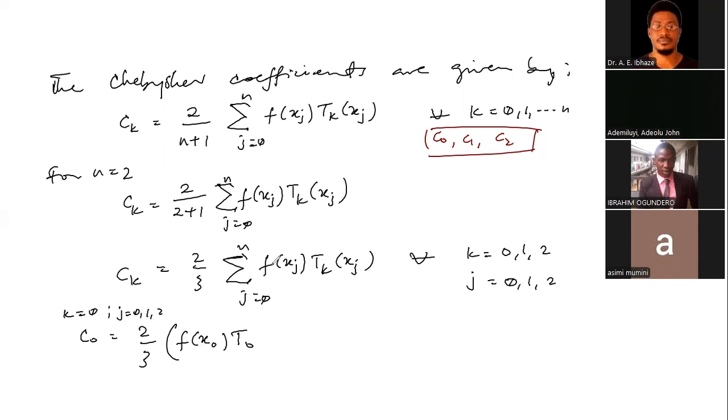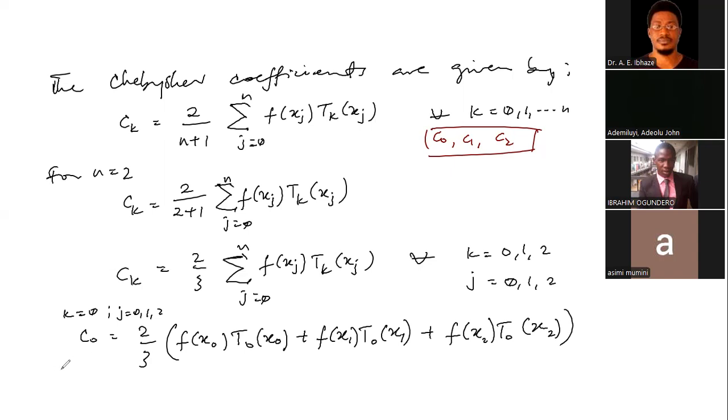So we now have f of s0, T0, which is k, into bracket s0, plus f of s1, which is the second term, T0, k is still 0, s1, plus f of s2, which is the third term, T0, s2. Okay. Does this make sense for now?